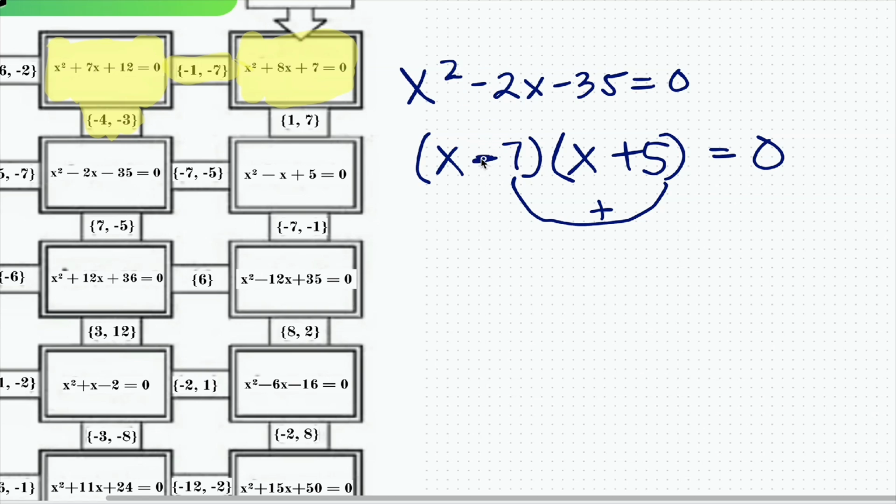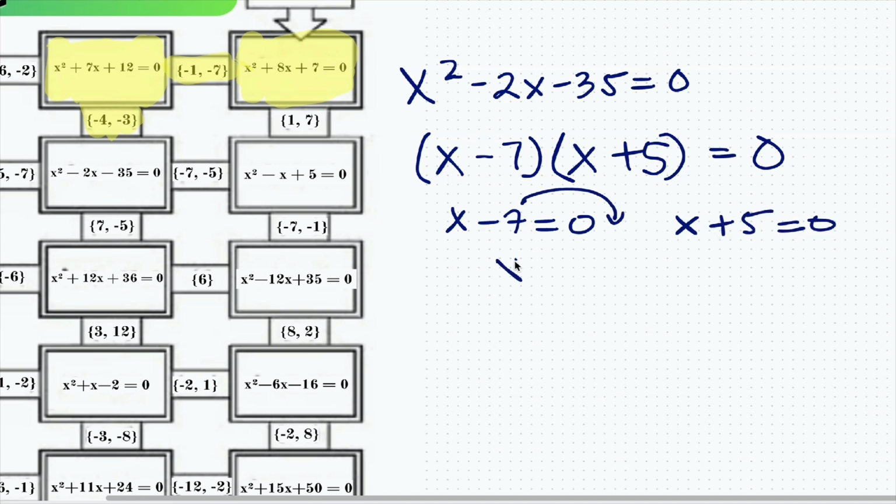The sign of the larger number, negative 7, must be copied, and then we subtract the absolute values, 7 minus 5, which is 2. So our two factors would be x minus 7 and x plus 5. Applying the zero product property, equating each to 0: x minus 7 equals 0, x plus 5 equals 0 as well. Transpose, x equals positive 7.